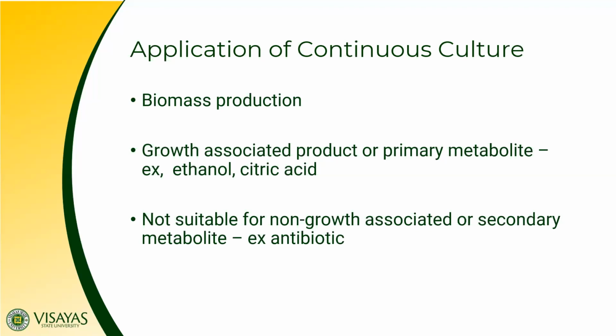Because continuous culture suits growth-associated products, you can produce ethanol and citric acid by continuous culture. Citric acid, by the way, is produced by Aspergillus niger. So that's how continuous culture is advantageous.